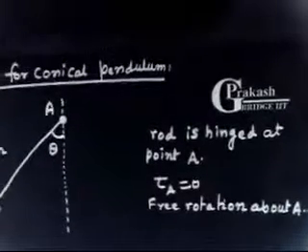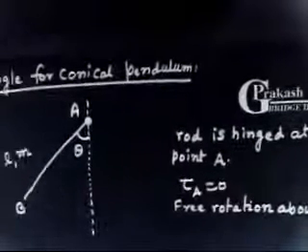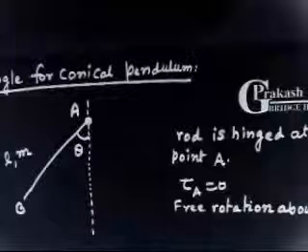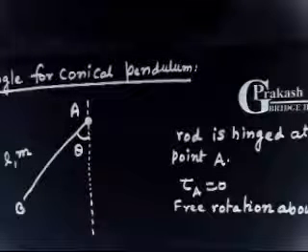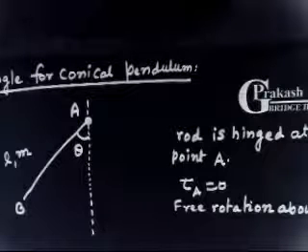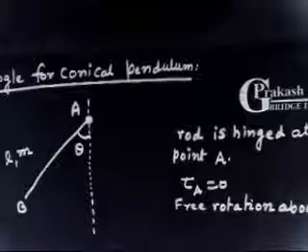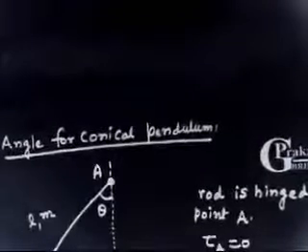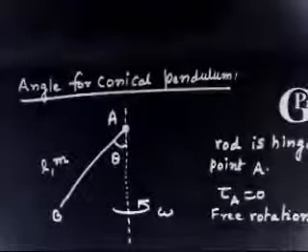Are you getting? Now let me read the question more. A thin uniform rod of length L and mass M rotates uniformly with angular velocity omega. Find the theta between the rod and the vertical. So this rod is basically rotating with angular velocity omega about this vertical axis.